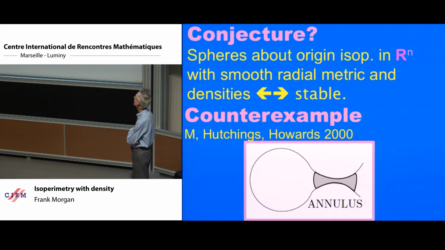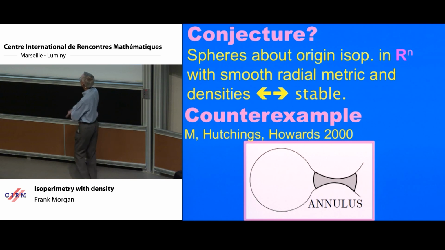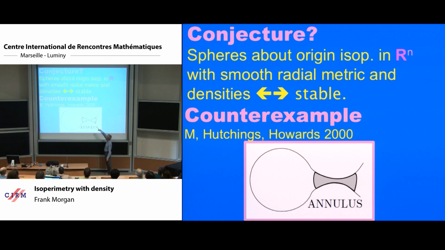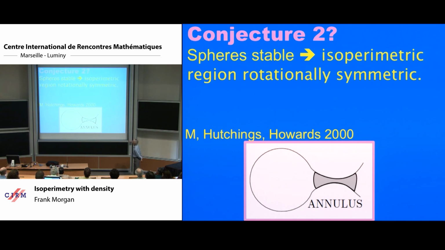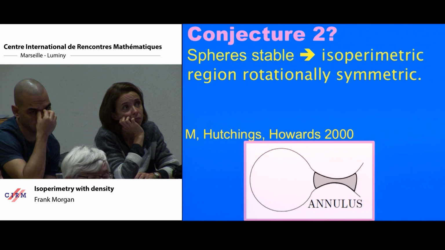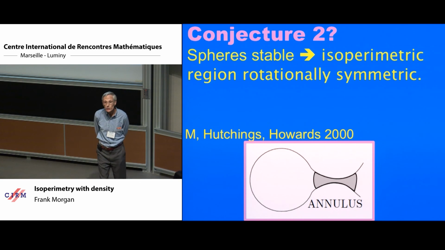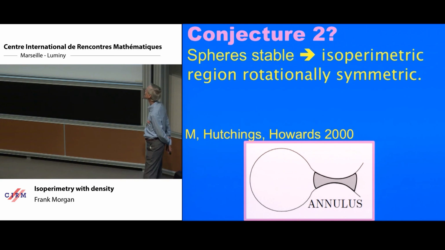That's not true. It's been known for some time that sometimes in situations like this, even in surfaces of revolution, you can get an annulus bounded by two such circles about the origin. So maybe then you would want to assume that, so then maybe a second version would be that isoperimetric regions are rotationally symmetric and bounded by spheres and circles about the origin.